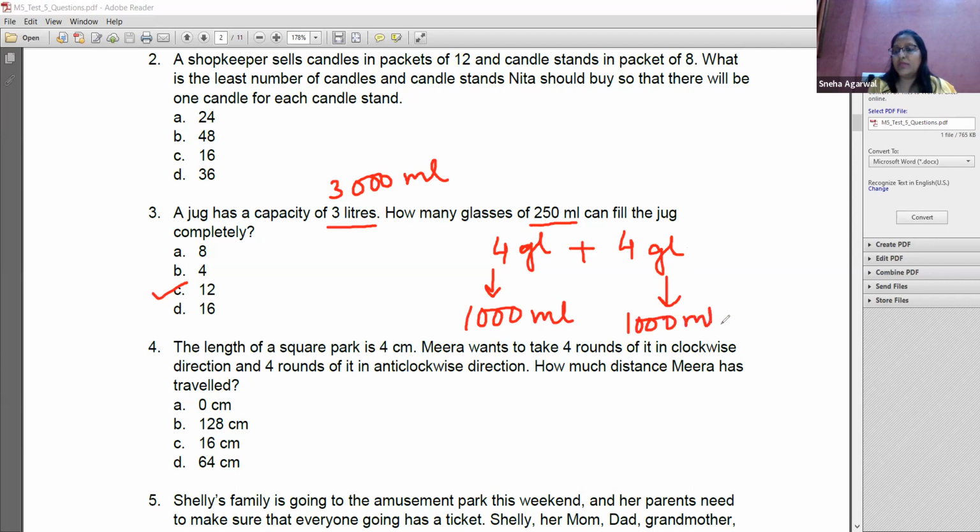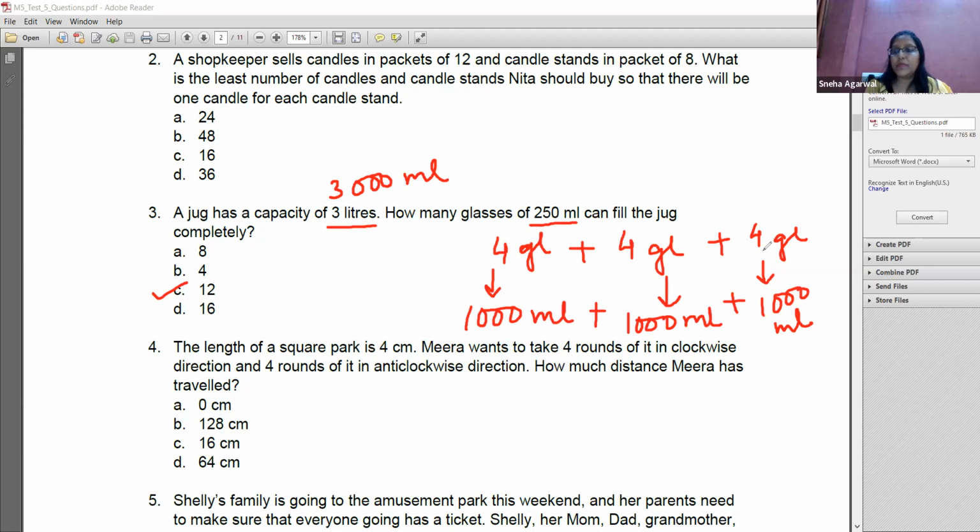Again you need 4 more glasses, which will fill up the jug with the capacity of 3000 ml. So 1000, 1000 and 1000, and the jug is filled. Now understood what we are doing? That's why we got 12 glasses: 4 plus 4 plus 4.